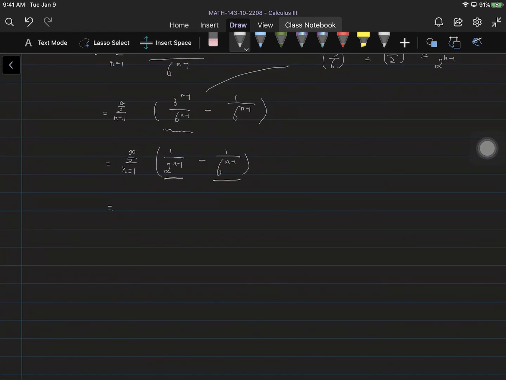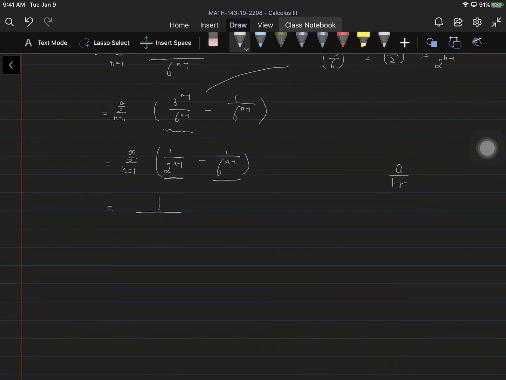Do you still remember what the sum of a geometric series is? A over 1 minus r, right? And what is a for the first term? That is the first term. We plug in n equals 1. So it should be 1 over 2 to the 1 minus 1 power, so 1 over 2 to the 0 power, so it should be 1.